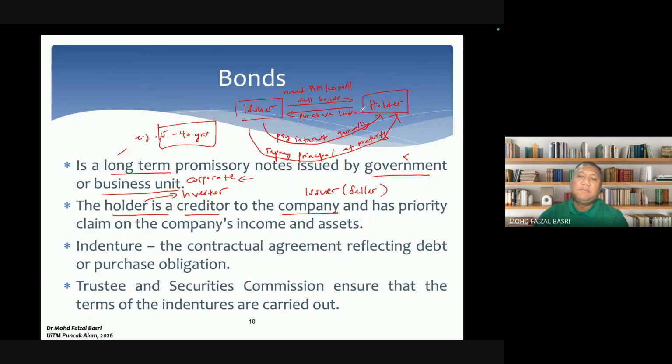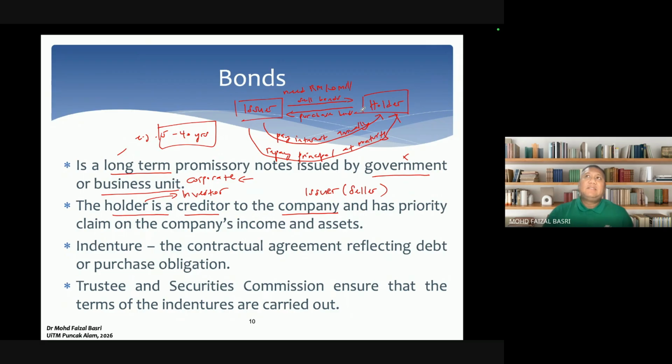Okay, remember holder ni bukan seorang, selalunya holder dia ada ramai. So we as investors, kita boleh beli bond ni ikut kemampuan kita lah. Mungkin ada orang yang beli 5 pieces of bonds, ada yang mungkin beli 10 certificate, ada yang mungkin beli 100, ada yang mungkin beli 50, depends lah, depends on individual. Right, so at the end of the day, at maturity, the issuer will return everything back to the holder.